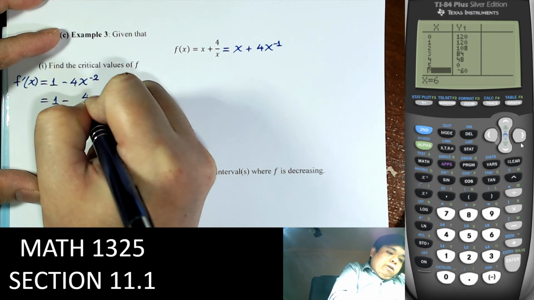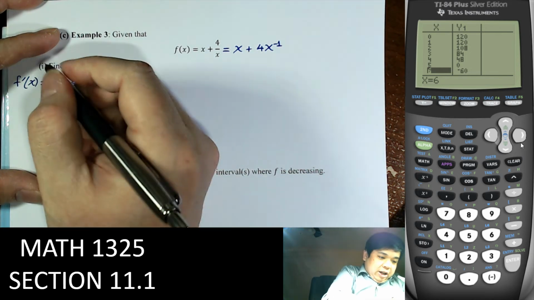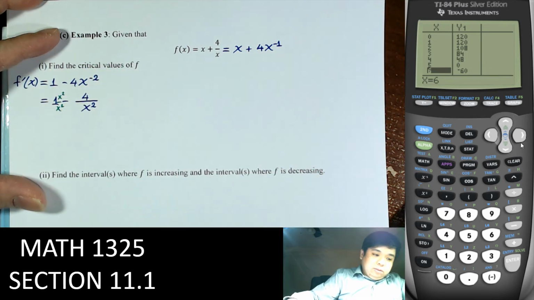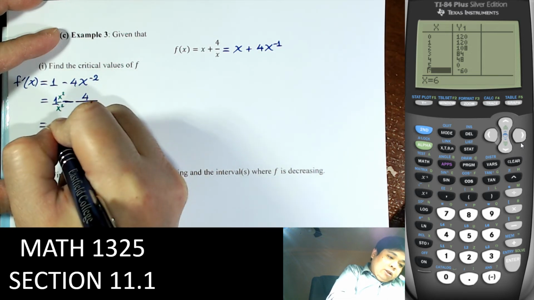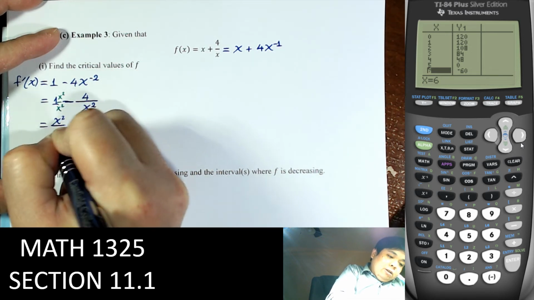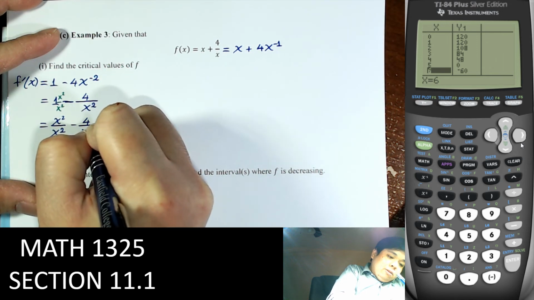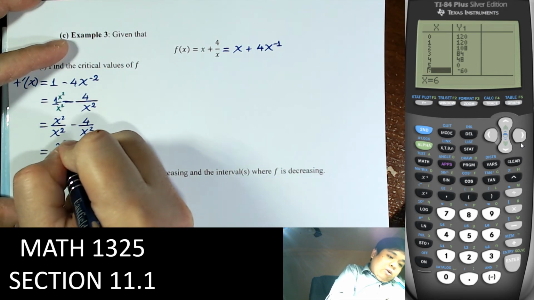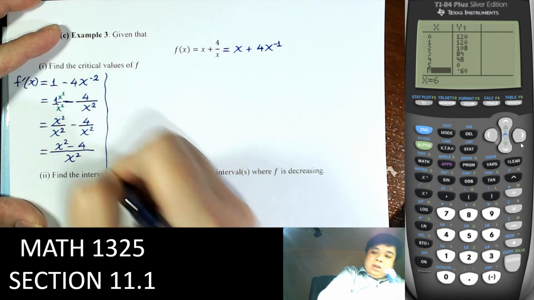That gives us 4 over x squared. Multiply x squared on the top, x squared at the bottom. And that will be x squared minus 4 over x squared. Right, so that is the derivative.